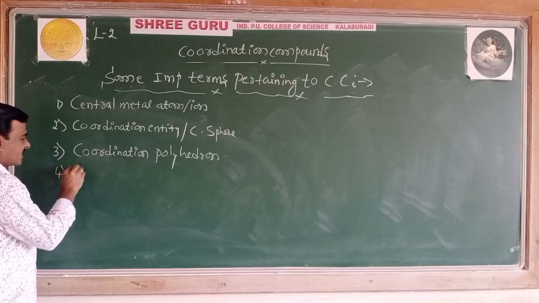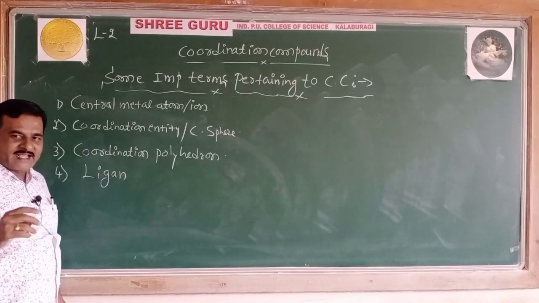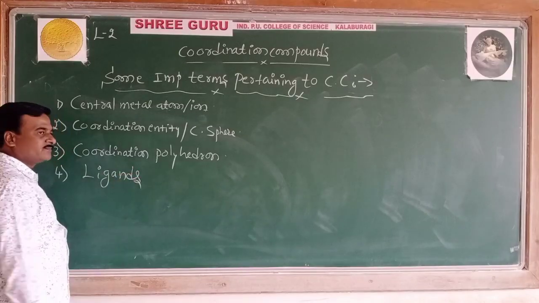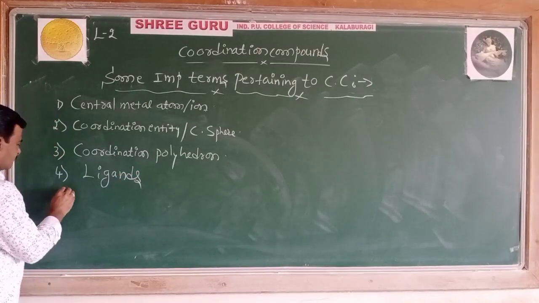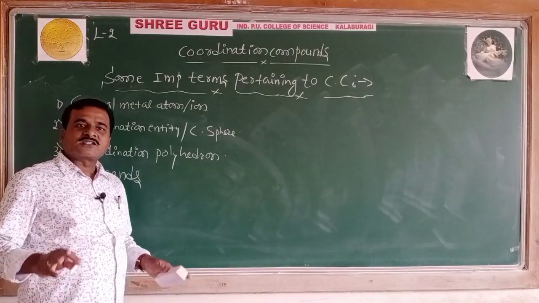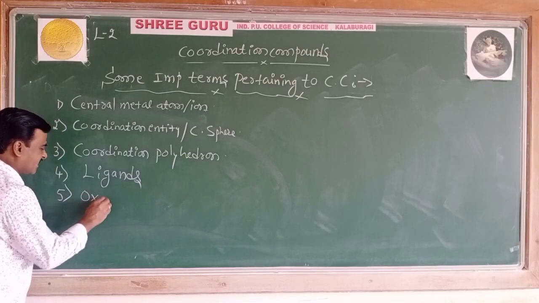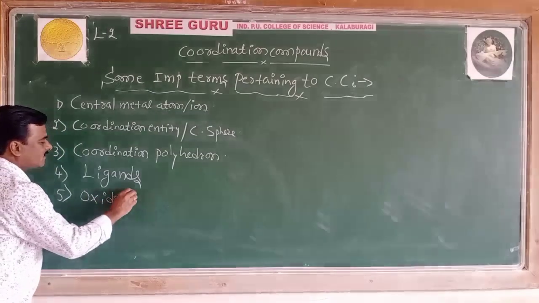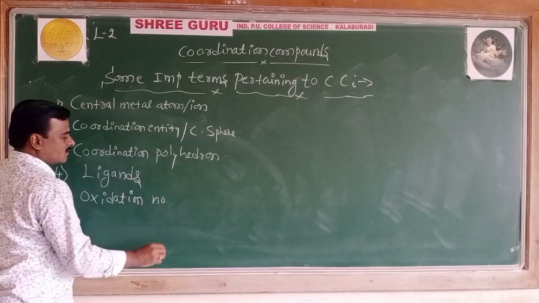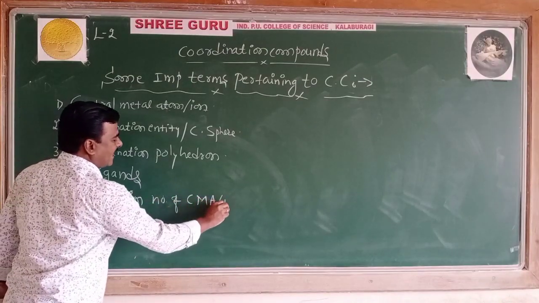Fourth term is ligands. Fifth one is the oxidation number of the central metal atom or ion.